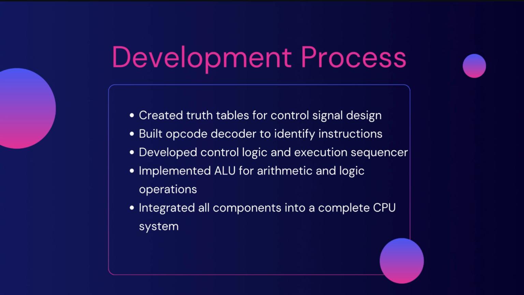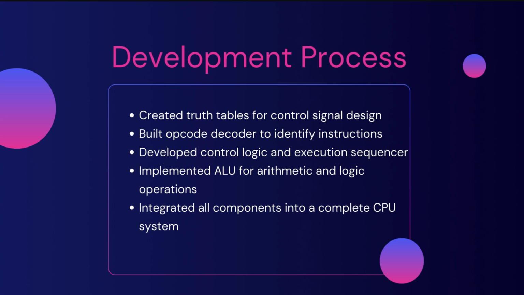These components generate the control signals and ensure that every instruction follows the correct sequence of stages, including fetch, decode, and execute. Then we implemented the arithmetic logic unit, or ALU, which performs all arithmetic operations such as addition and subtraction, as well as logic operations like AND or NOT.